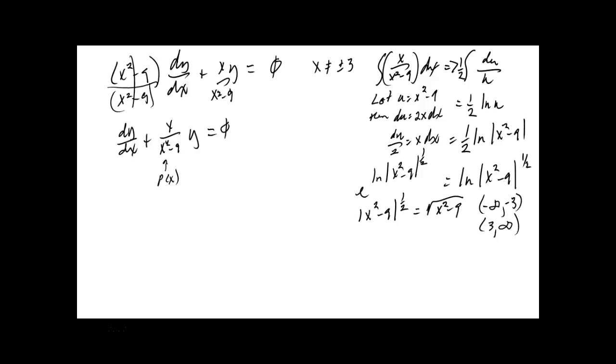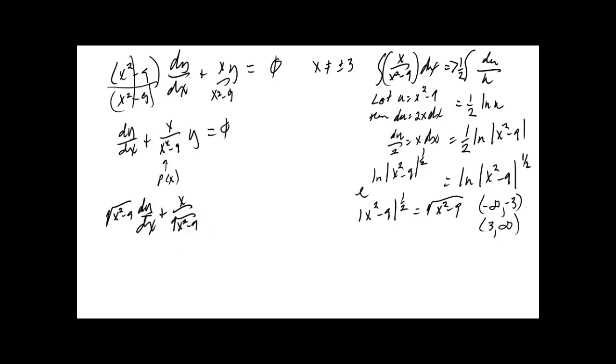Okay. Now, the integrating factor is this, and we'll leave that alone. That's our integrating factor. We will then do the square root of x squared minus 9 times dy/dx plus the square root of x squared minus 9 times 1 over the square root, that would be x over the square root of x squared minus 9, times y.